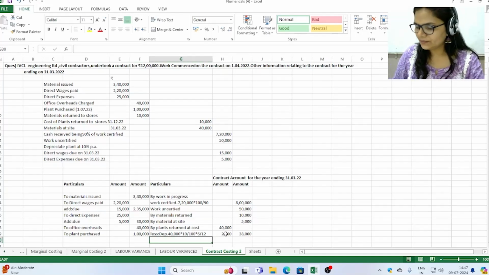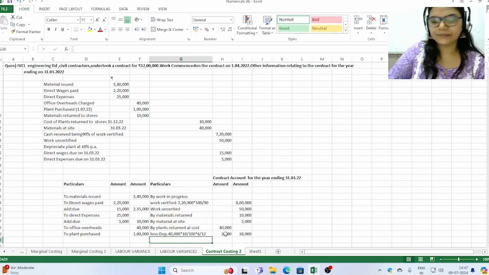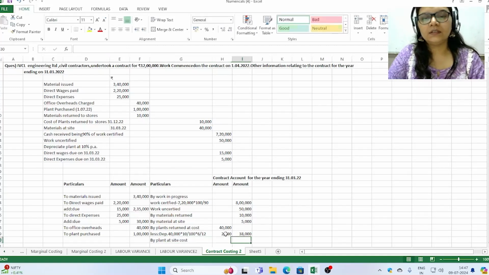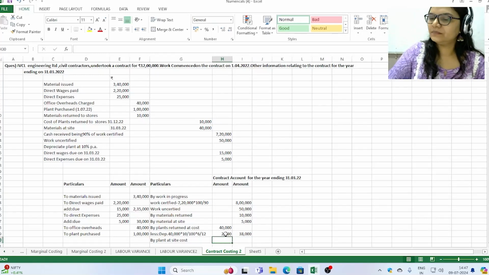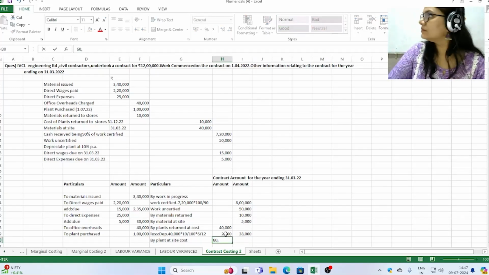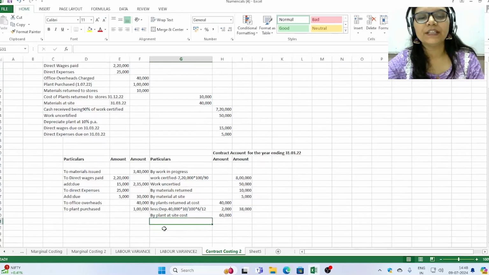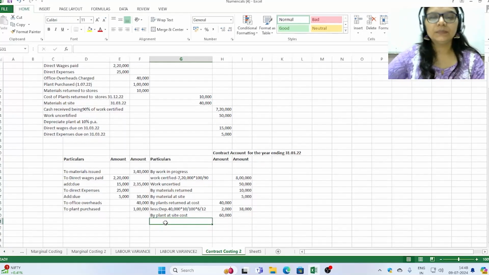Next is by plant at site cost, 60,000. We will also deduct depreciation from this plant at site.